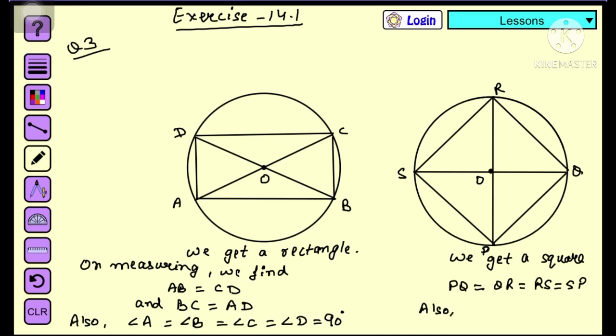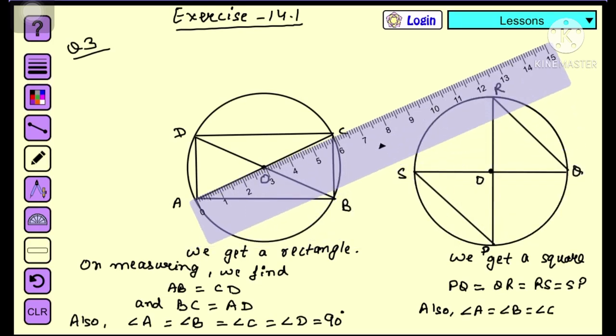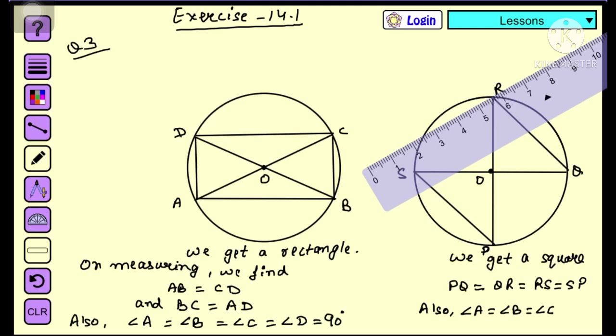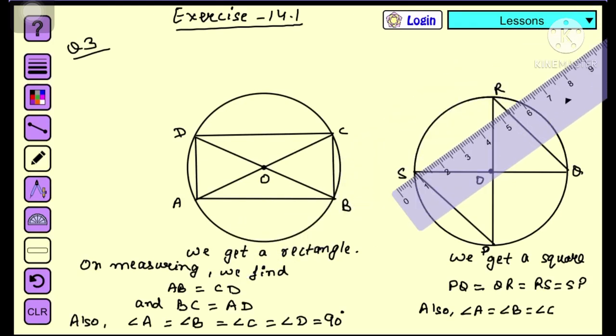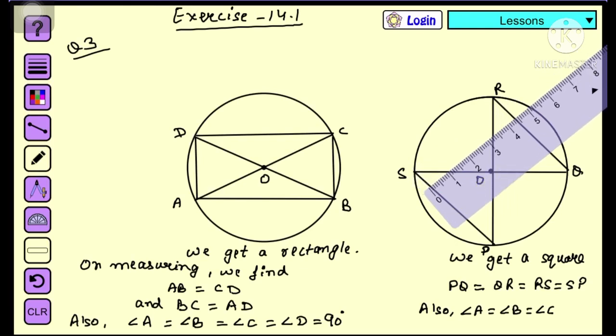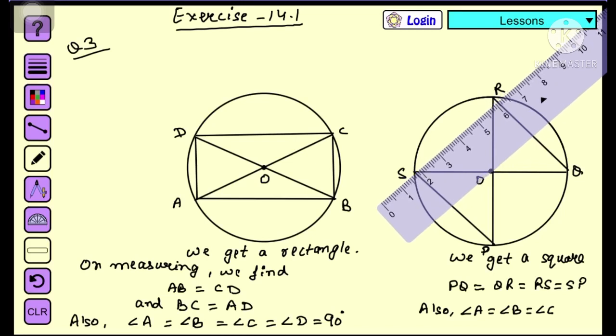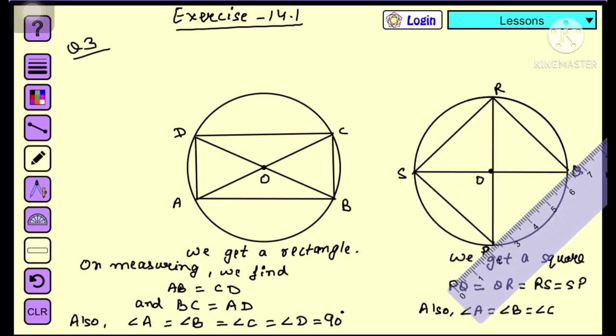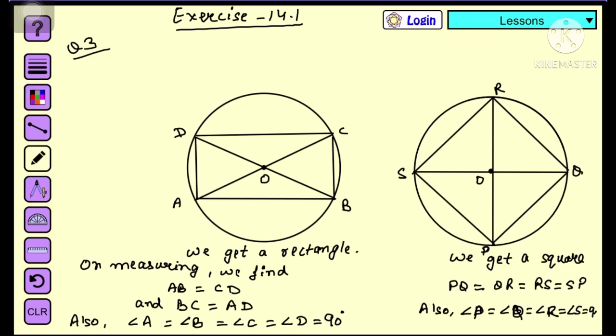And also angle A equals angle B, sorry, this is not angle ABC, this is P, Q, R and S. All are 90 degrees.